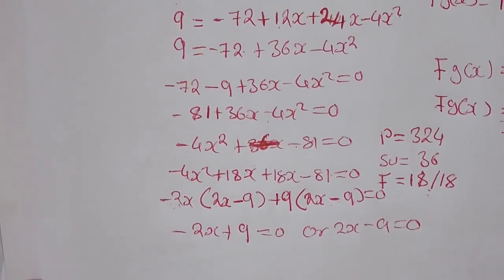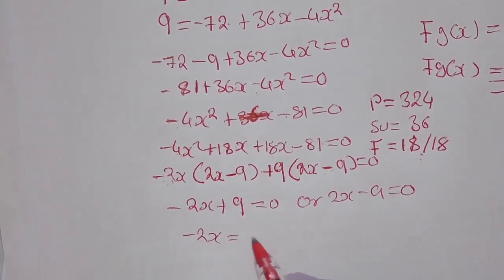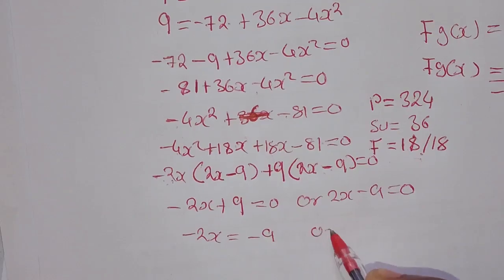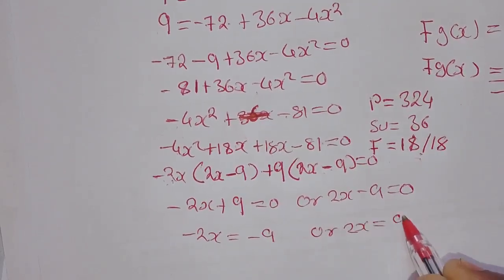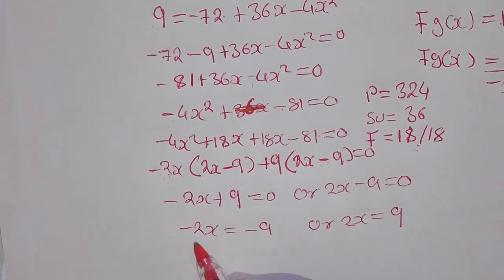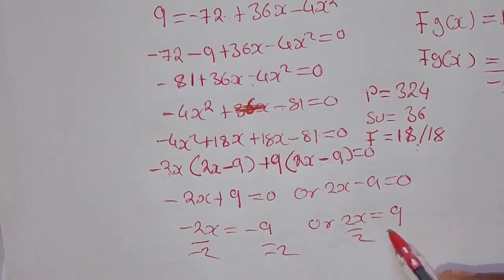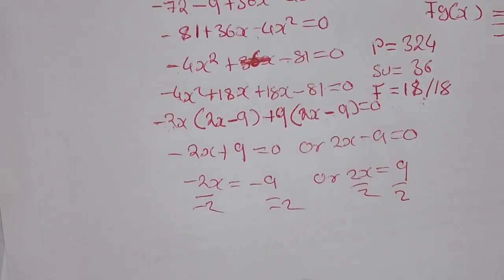So here it's either negative 2x is equal to negative 9, or 2x is equal to 9, isn't it? Then we just divide both sides by negative 2, and here by 2. So this and this will go. So we have 9 divided by 2.